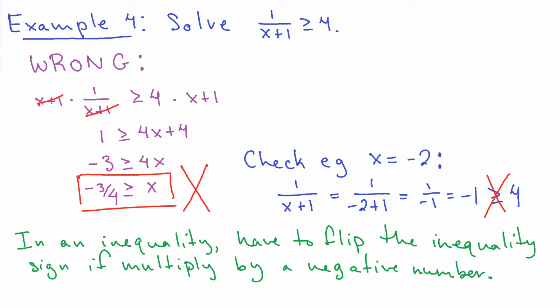If you multiply by a negative number in an inequality, you have to flip the inequality sign.